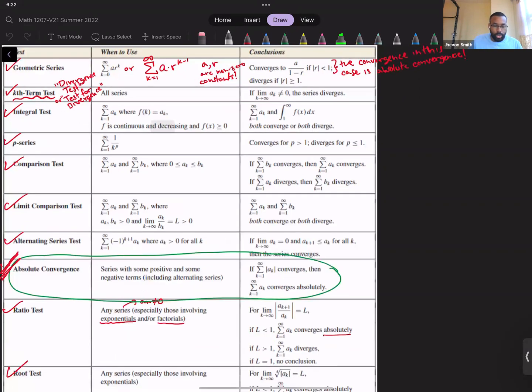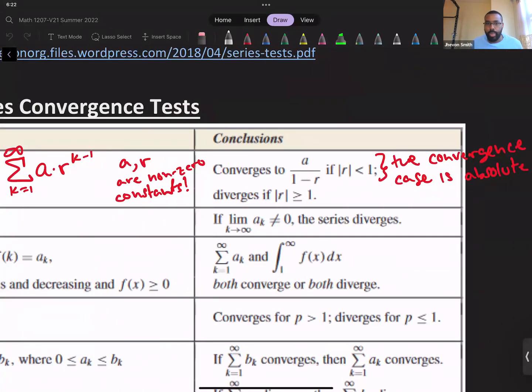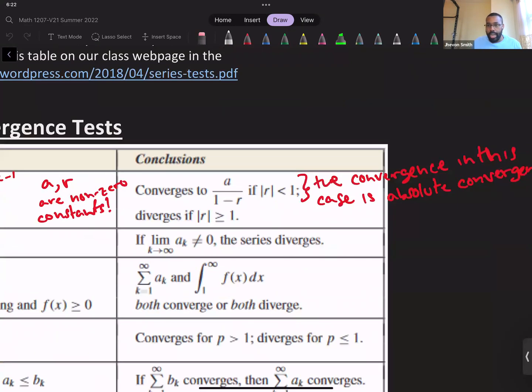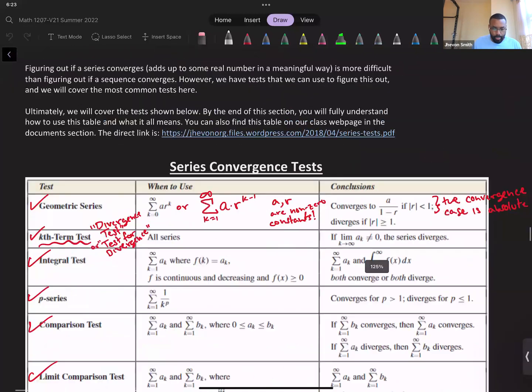There is one test, the geometric series test, which does tell you exactly what something converges to. If something is a geometric series and it converges, then I know exactly what it will converge to: a over 1 minus r, where a is the first term and r is the common ratio, the thing that you keep multiplying by to generate new terms of the sequence being summed by the series.